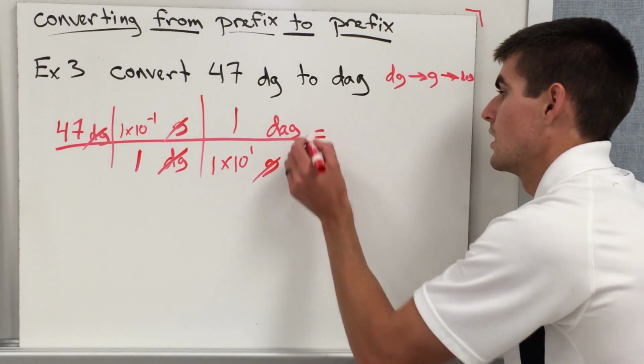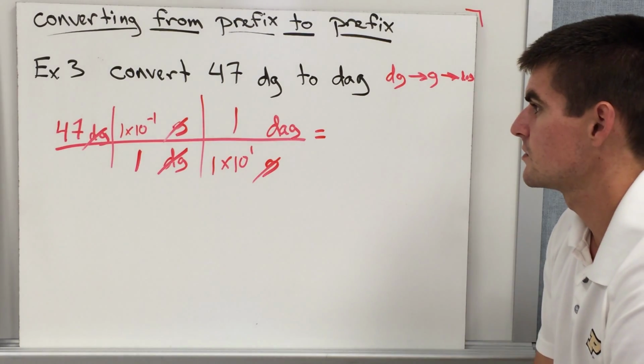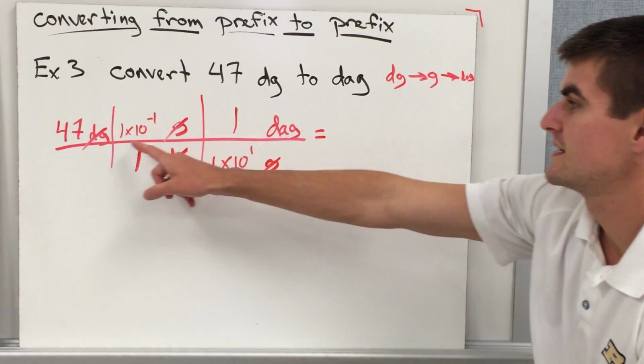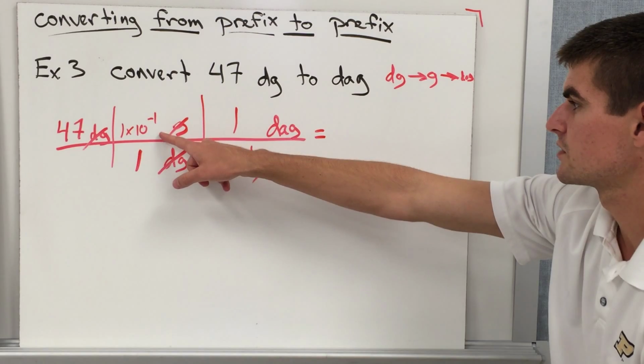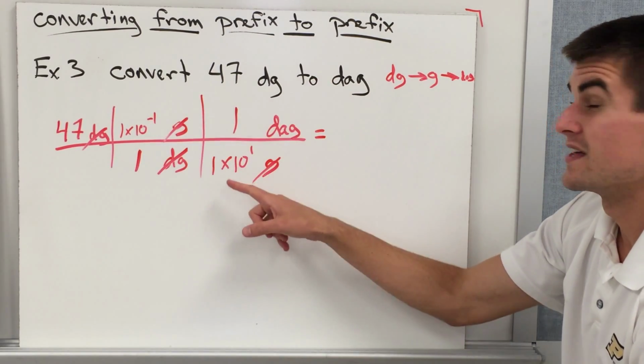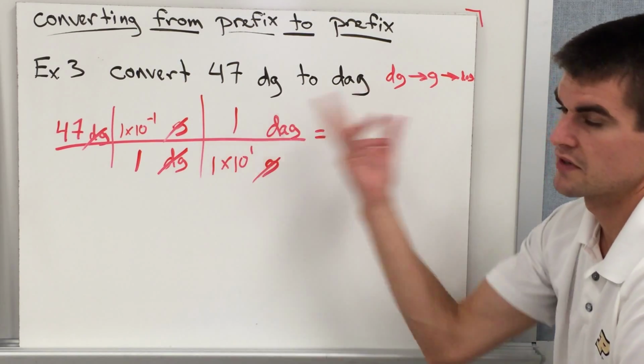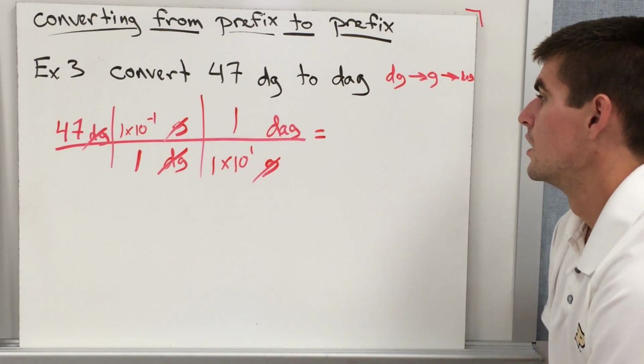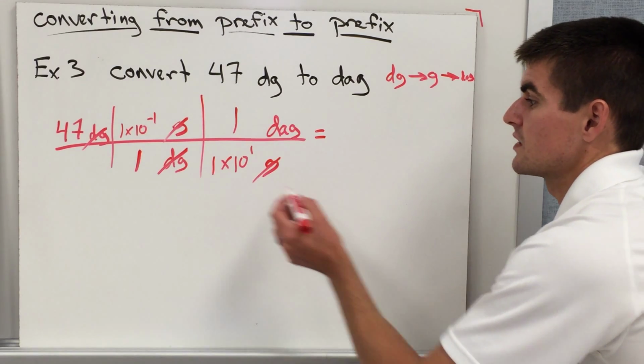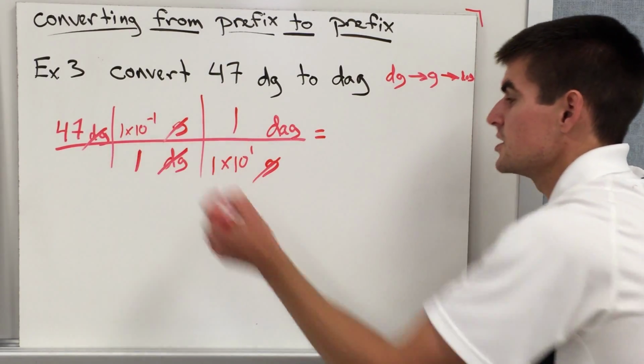And now, to plug this into our calculator, that's going to be 47 times 1 times 10 to the negative first, and then divide by 1 times 10 to the first, forgetting about the ones. So once you do all of that, again, EE button there.